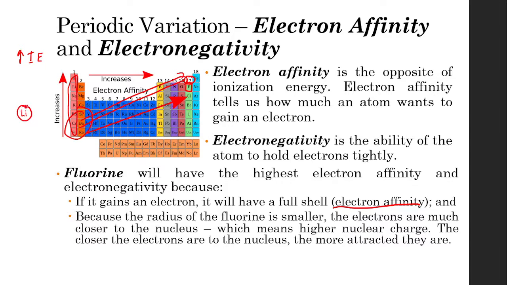Lithium has its first shell filled, and then it has its second shell with just 1 electron. And if lithium donated this electron, you would notice it's actually very stable right now. This shell right here is satisfied. The same is true for sodium.